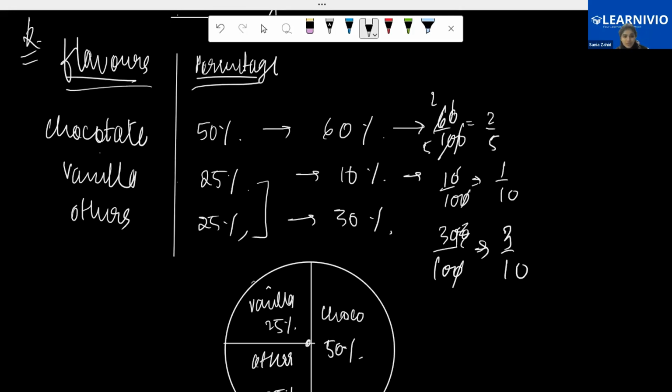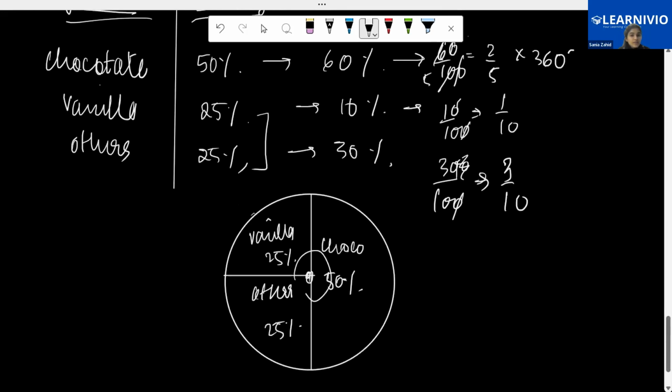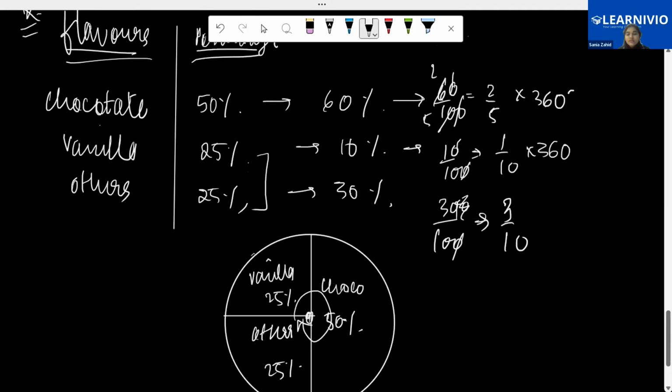Now you can calculate the angle by multiplying all these fractions with 360 degrees. Why am I taking 360 degrees? Because the entire turn is 360, right? So it's 360, 360, 360. You multiply them. You can cut 0 and 0 in these two.